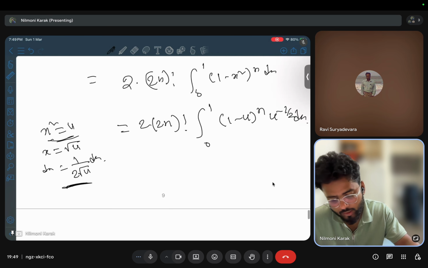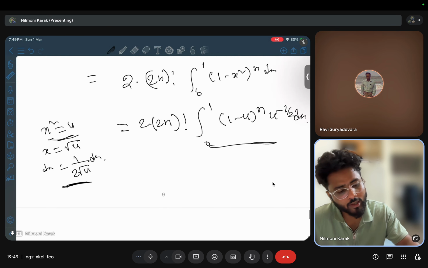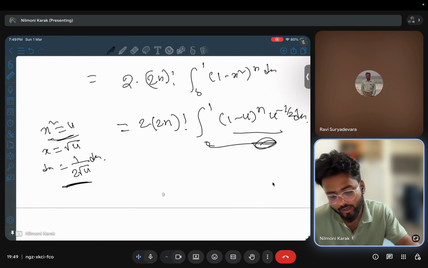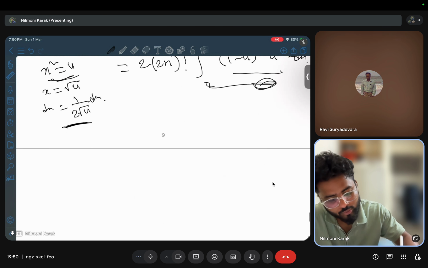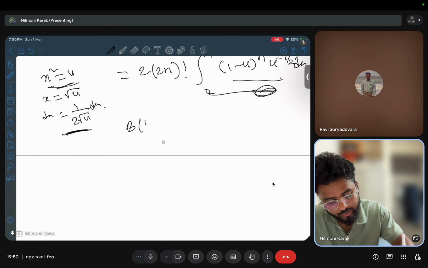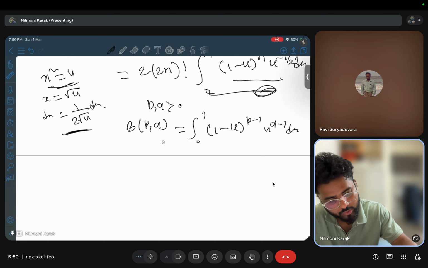And you know the value of this integral. For this you have to know the beta integral: β(p, q) for p, q greater than 0 is the integral of (1 − u)^(p−1) u^(q−1) du.